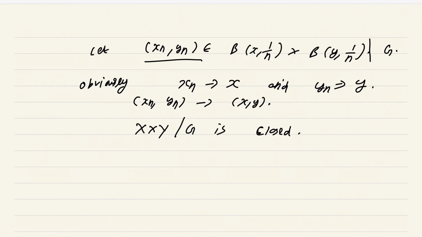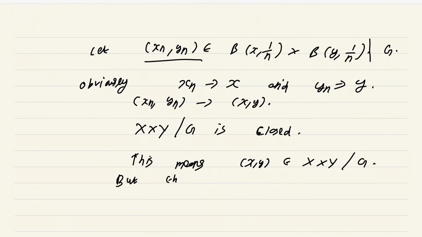That means (x, y) is an element of X cross Y set minus G, right? Because this is a closed set. But this is nonsense. We started off with a point in G, and we are ending up with the stupid conclusion that this point is not there in G. Okay, so this proves the theorem.